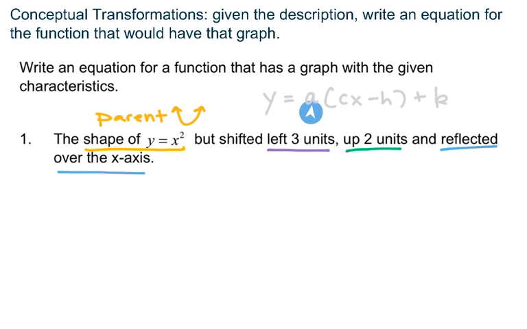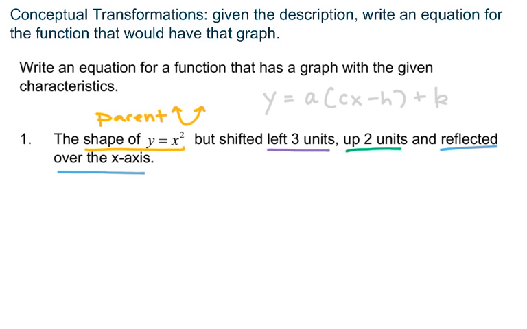So a multiplied outside, k added outside, c multiplied inside, h multiplied inside. And of course, this grouping mechanism just lets us know how our parent function would be applied. So in this situation, we would have squared, but they could represent absolute value bars. It could represent simply a square root symbol over all of that.